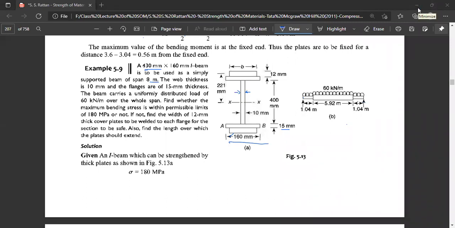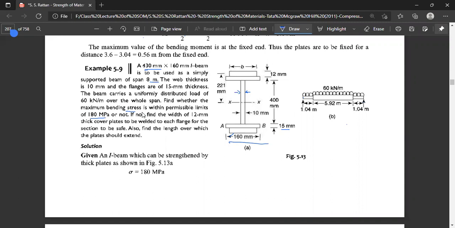We are supposed to find whether the maximum bending stress is within the permissible limit of 180 MPa or not. If not, then a 12 millimeter thick cover plate has to be welded to the flanges, on the top or on both the top and bottom, for the section to be safe. We also have to find the length over which this plate is to be extended.